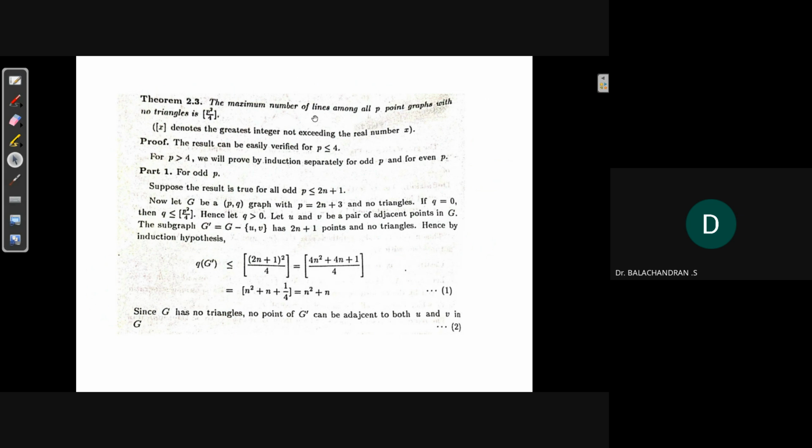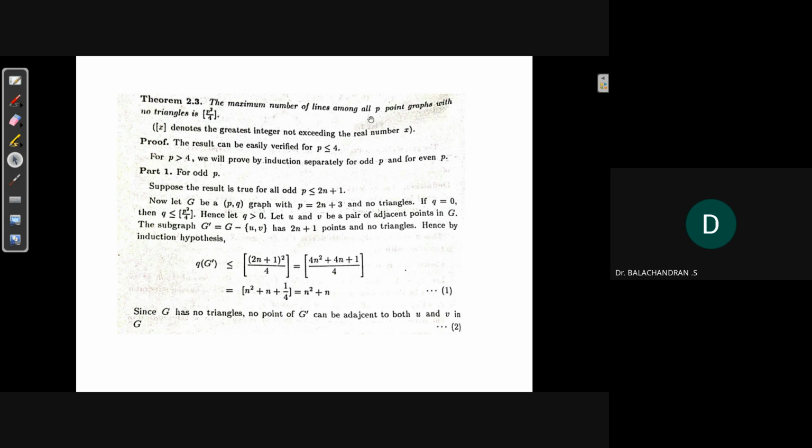The maximum number of edges among all graphs with p points and no triangle is p squared by 4. So what is given in the question?